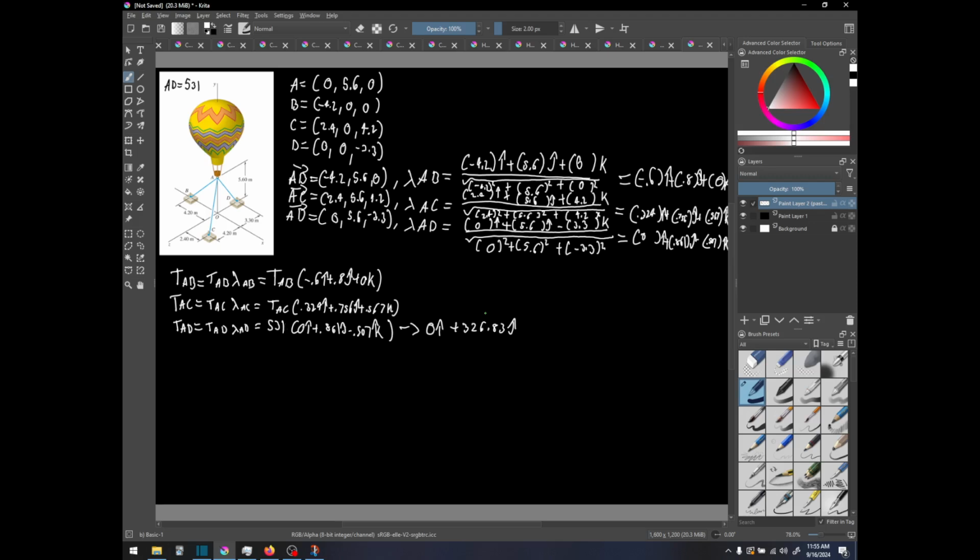Whoops. My calculator did not type in the 861. 457.48 j hat. And k hat is going to be minus 531 times 0.507. We're getting a negative 269.53.